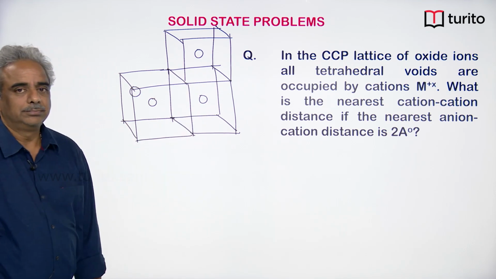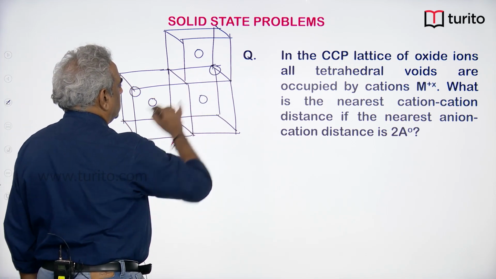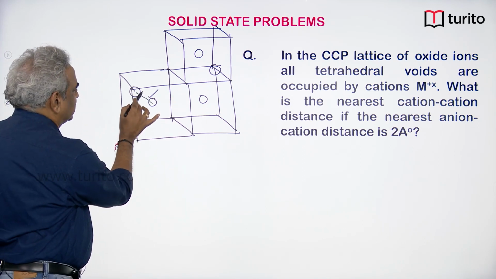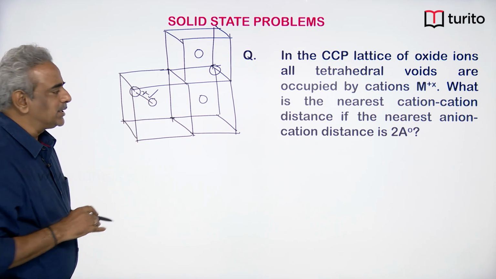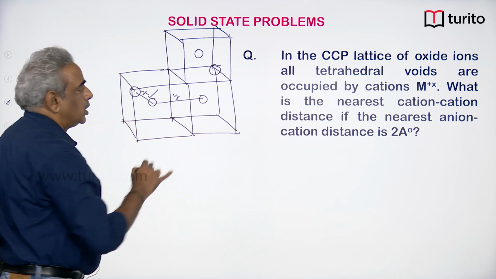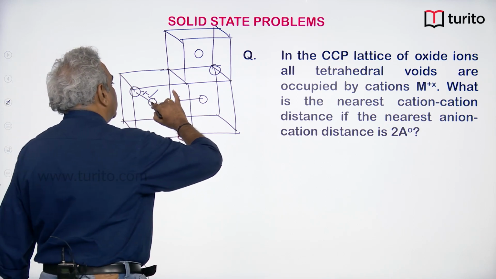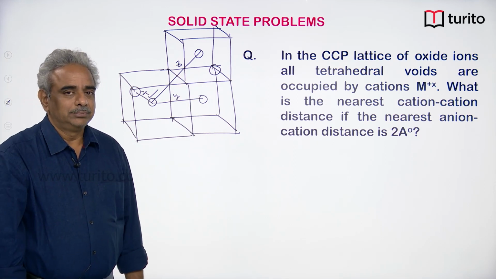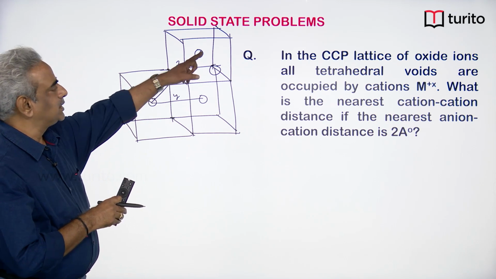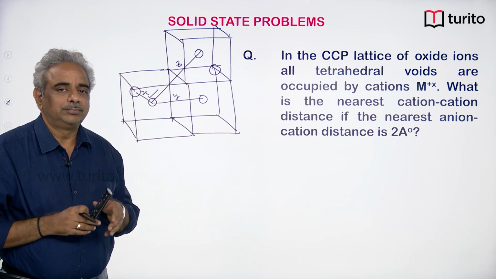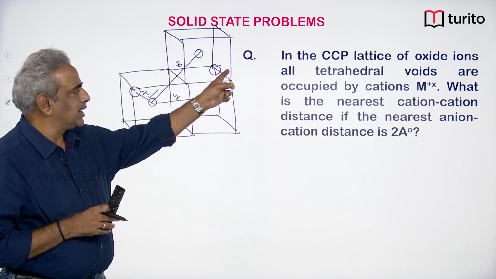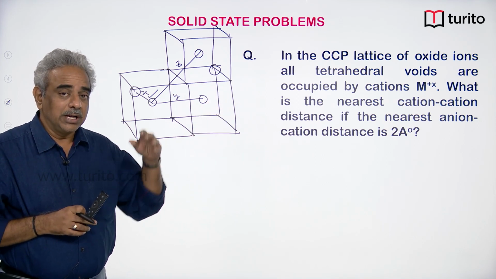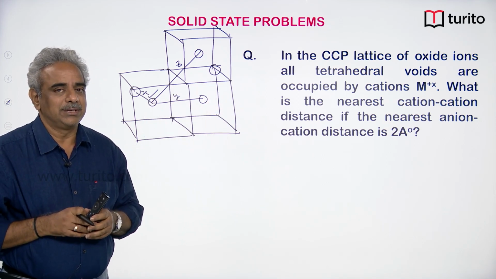This you have to take. Now, clearly tell me, from this, who is the first nearest? X. Who is the second nearest? Y. Who is the third nearest? This one, Z. You have to go across the edge, not across the face and reach the other unit cell's corners. That will become fourth nearest, not the third nearest.